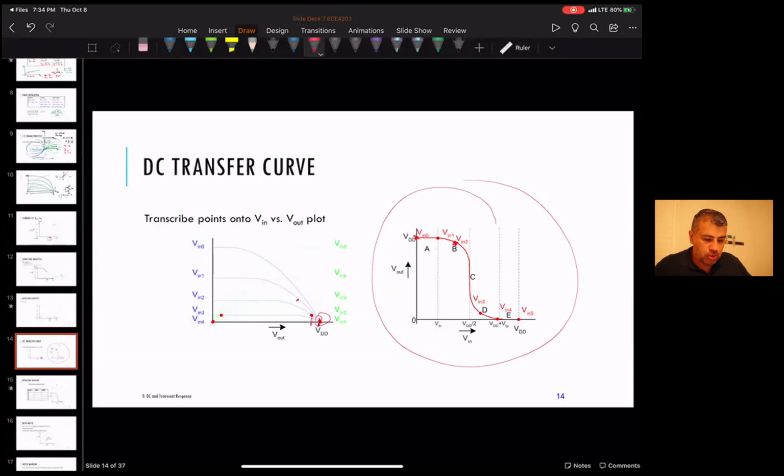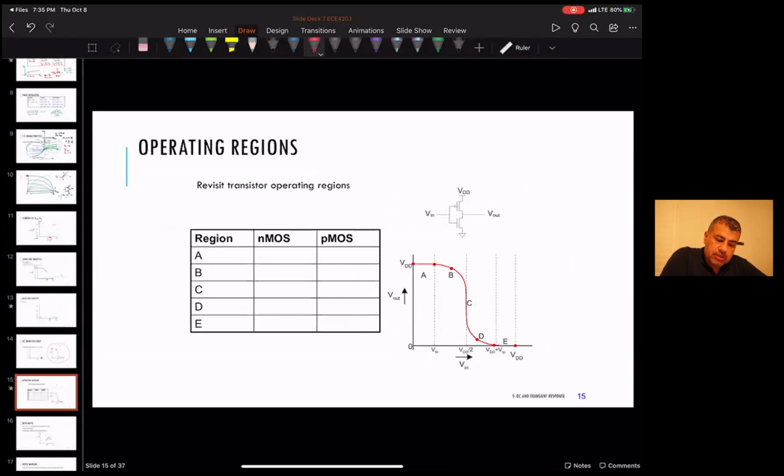Okay, so let's see. That is the graphical way of getting the transfer function of a CMOS inverter. Let me give you guys a couple of minutes to take a shot at this.